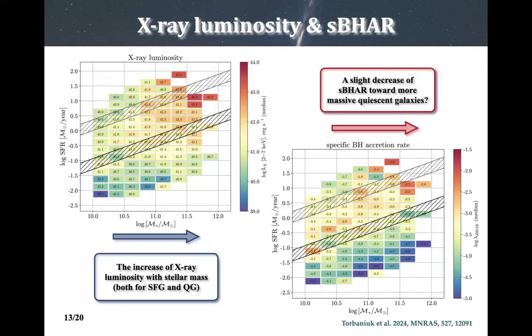For example, when we did the previous work using just the XMM data and looked at this diagram, we saw that for star forming galaxies the accretion rate is evolving with stellar mass too. But when we included the Chandra sources and removed the incompleteness in star formation and stellar masses, we just lose it.